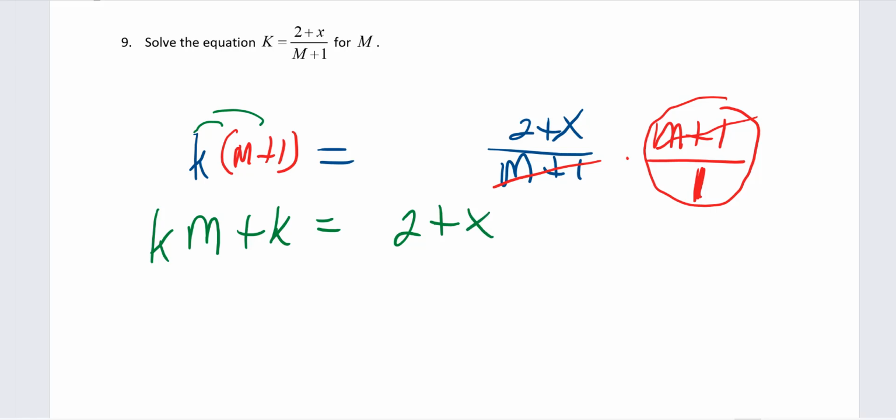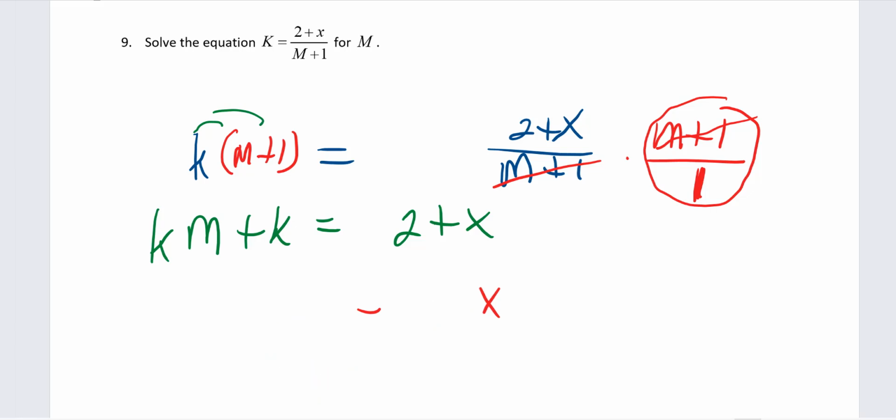Okay, imagine, this is not what we have, but imagine we had km equals 2 plus x, and you're trying to solve for m. Well, we could now do that because, as you know, we can divide by k to get rid of it. So if we just had km, we would be good.